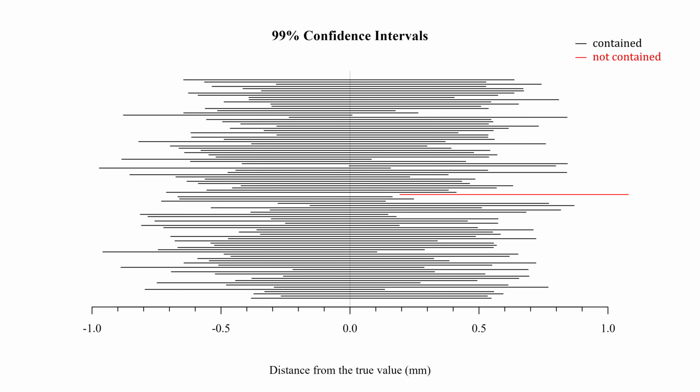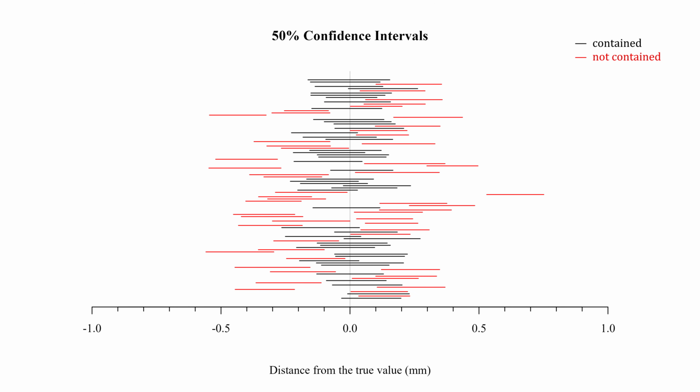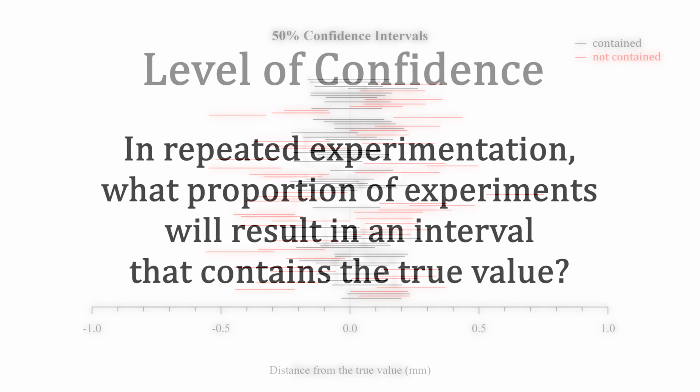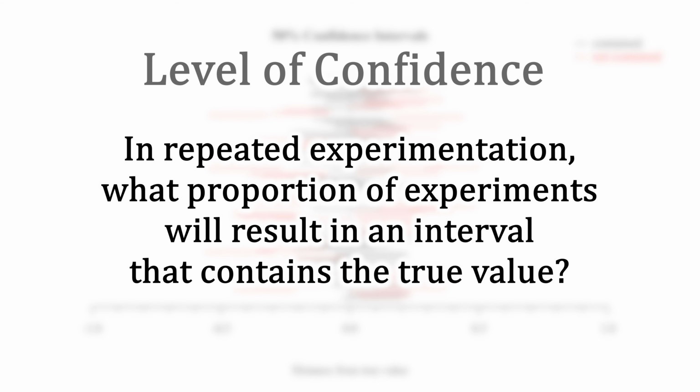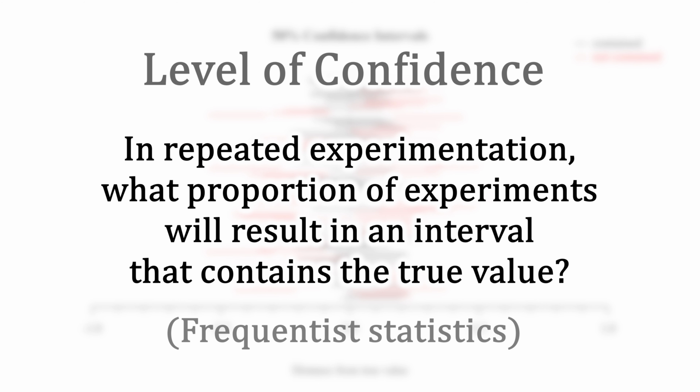This property holds for all levels of confidence. For example, 50% confidence intervals contain it at least 50% of the time. This, and only this, is what it means to have a certain level of confidence. And this thought experiment of repeating something a large number of times and then being able to say something about what would happen in theory in the long run is what we call frequentist statistics.